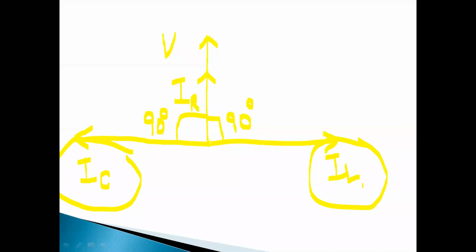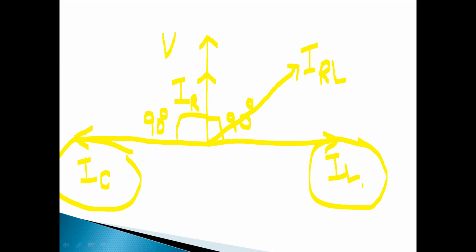For RL loads, generally the current lags the voltage depending upon the resistance and inductance parameters, somewhere between 90 degrees and 0 degrees. So the angle theta for an RL load must be less than 90 degrees. The current in a circuit having resistive and inductive nature is called the IRL current.